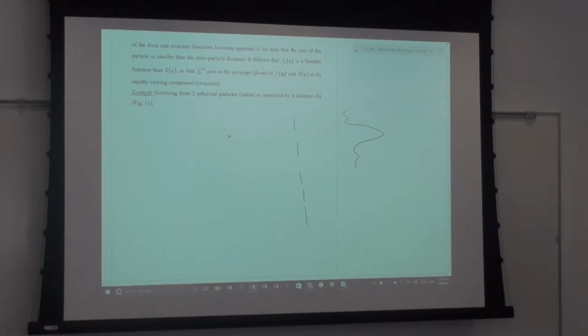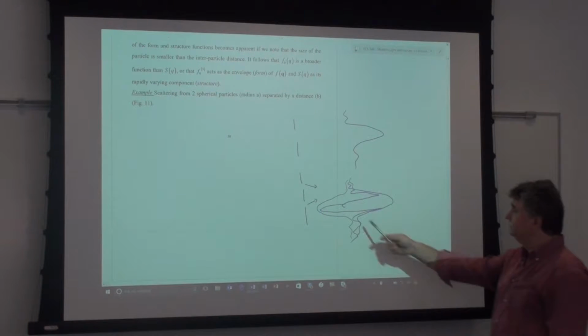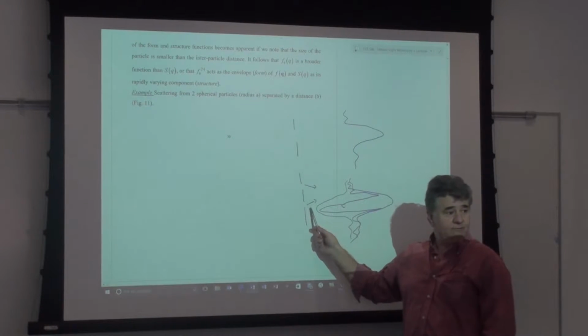You get the exact same thing, but on top you get this modulation. You get the cosine on top of that thing. And the cosine is due to these two plane waves interfering. You remember that? This is the Young interferometer.